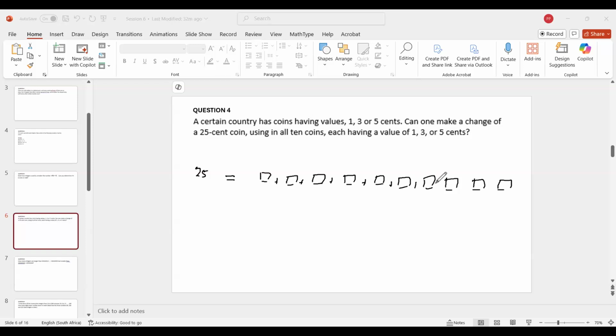That's the question. When I ask this question, people will try to see whether they can get 25 cents with 10 coins. But you don't have to do much, because all of these are odd. So if you take any two of these together, you're going to get an even, and you're going to get 5 even pairs.